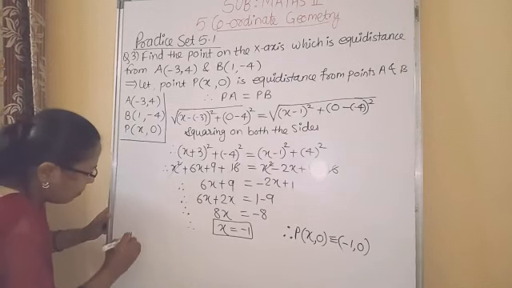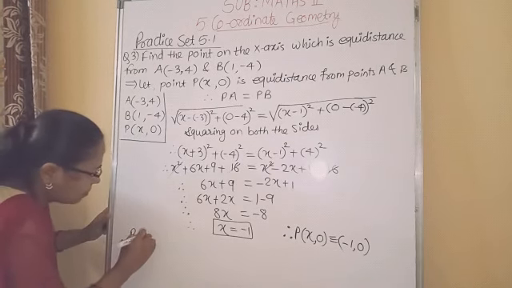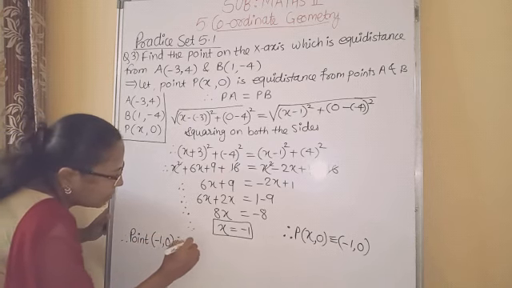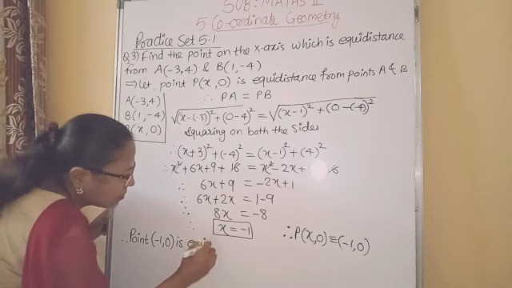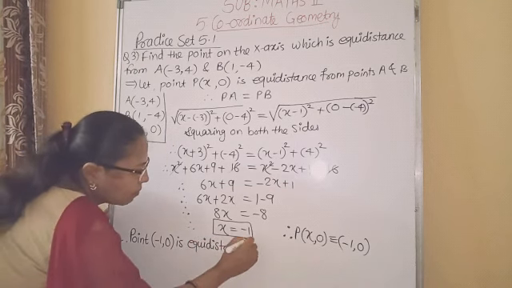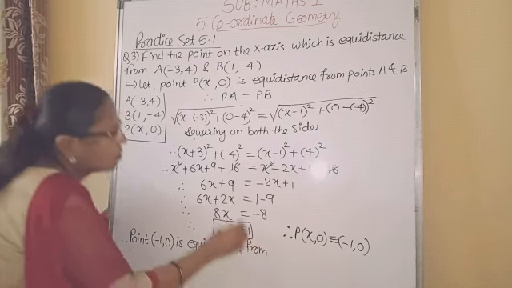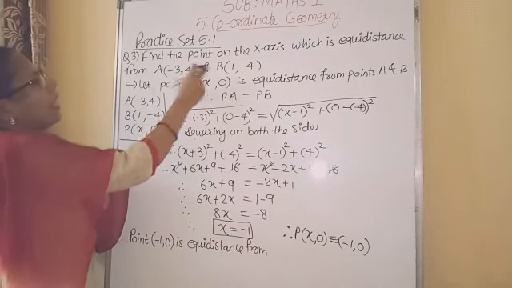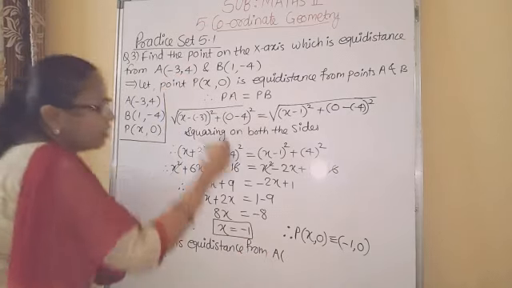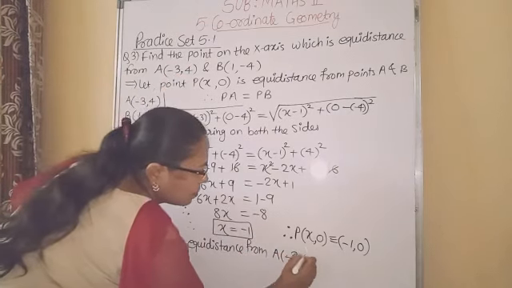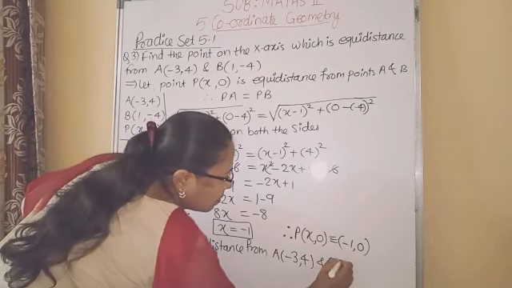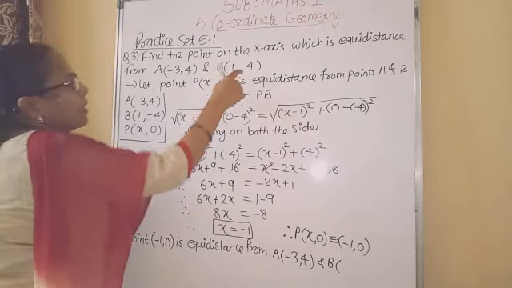Therefore, point minus 1, 0 is equidistant from A and B. A is -3, 4 and B is 1, -4.